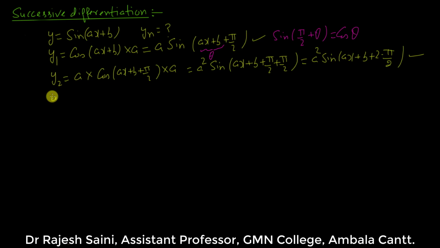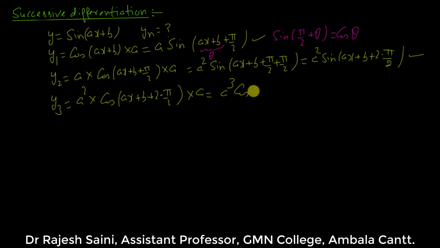Now we will differentiate one more time, y3. Differentiate this one. It will be a square, and the differentiation of sine is cos(ax plus b plus 2 times pi by 2) into the differentiation of ax plus b plus 2 times pi by 2, where both are constant, so this will be 0, and ax gives a. So this will be a cube, because a square into a is a cube.